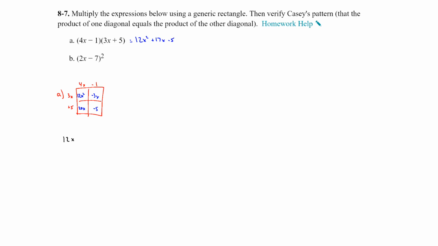So is it true that 12x squared times negative 5 is equal to negative 3x times 20x? Well, let's see what we get. Looks like we get negative 60x squared. And then on this side we get negative 60x squared. So once again, we are verifying that Casey's pattern is correct.